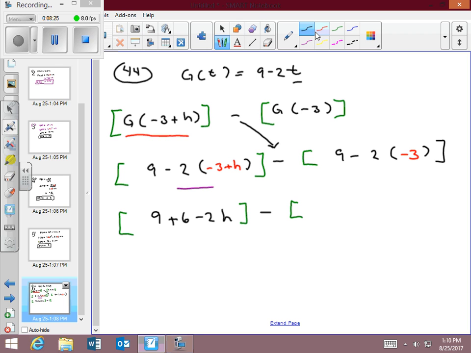And then this is 9 plus 6, minus 2 times a minus 3. So now that first one is 9 plus 6 is 15, 15 minus 2h, and minus, and this is 15.